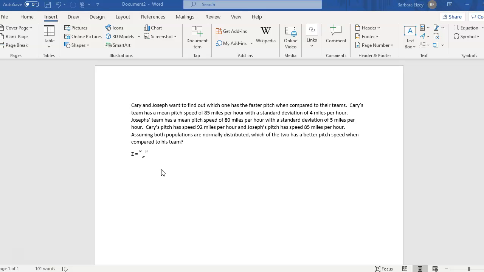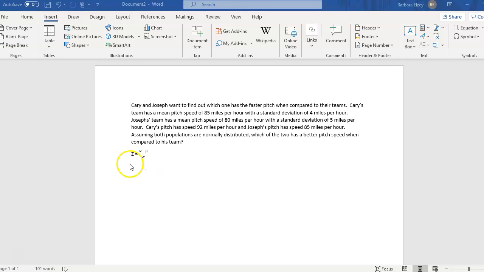Carrie's pitch has speed 92 miles per hour and Joseph's pitch has speed 85 miles per hour. We want to assume both populations are normally distributed, which allows us to use our z-score, and we want to know which of the two has a better pitch speed when compared to his team. Okay, so this is going to tell us how many standard deviations away from the mean we are.